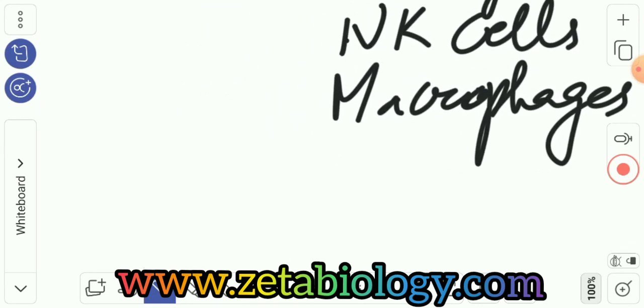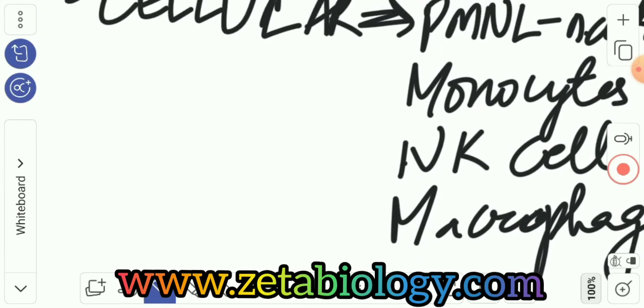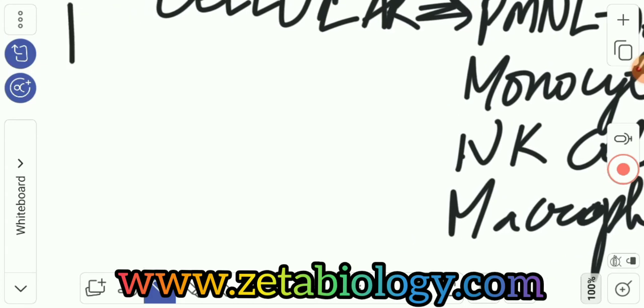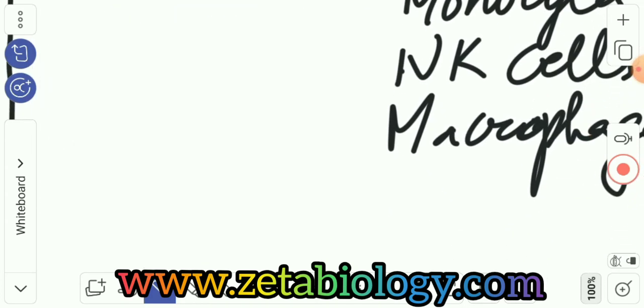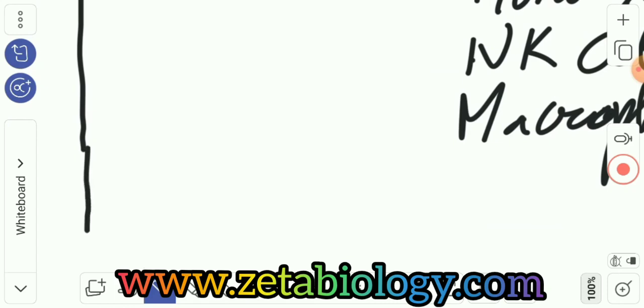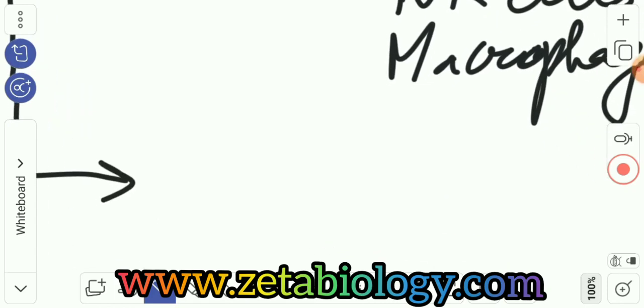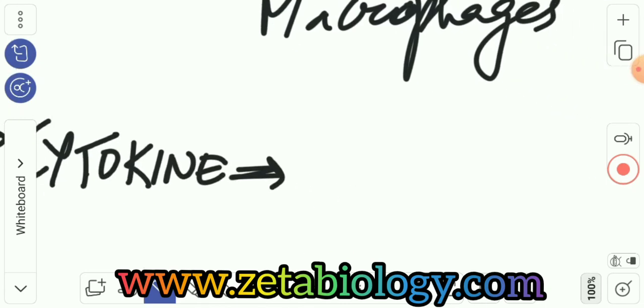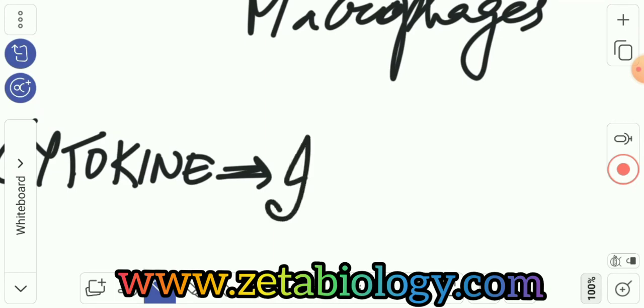And now fourth barrier is cytokines. And cytokines are interferons.